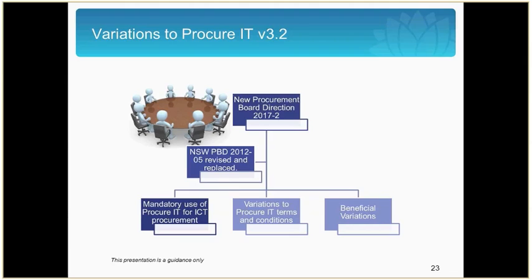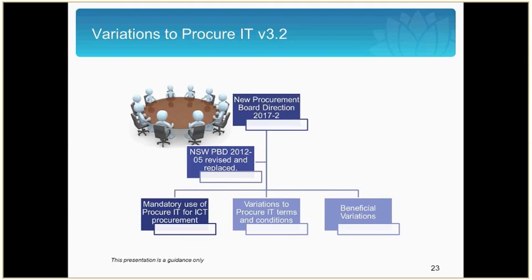In relation to variations to Procure IT terms and conditions, the Procurement Board Direction 2017-2 requires that the Procure IT framework standard terms and conditions not be varied without the Department of Finance, Services and Innovation approval, except in the cases of beneficial variations.